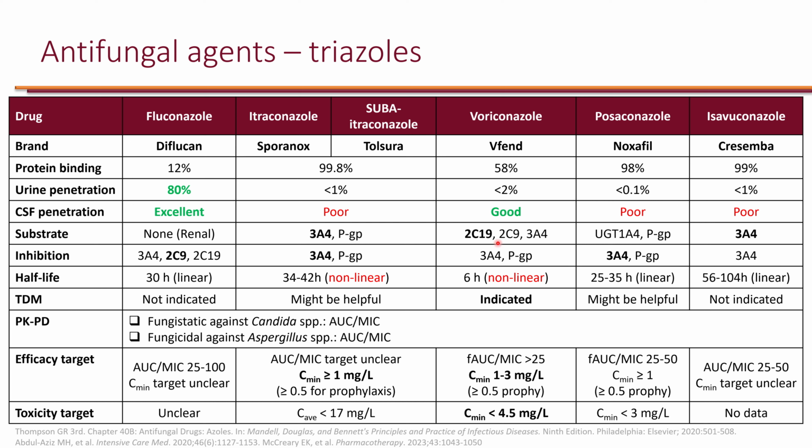Not only does it have a lot of drug interactions, because it is a substrate of 2C19 and 2C9, but it also inhibits 3A4 and P-glycoprotein. Now the problem with voriconazole having nonlinear pharmacokinetics, as with itraconazole, is that dose adjustment based on the levels is not straightforward.